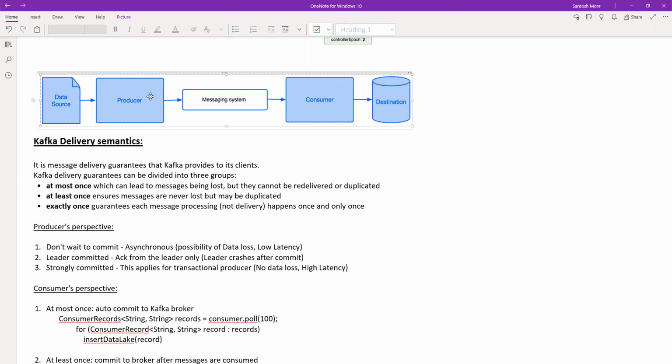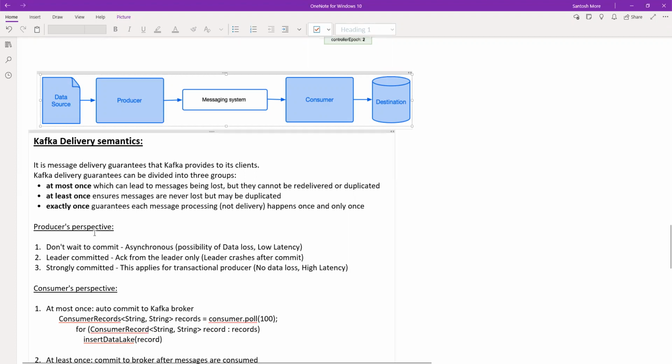Here the speed is important, and therefore in such cases, with the asynchronous way, you will possibly have data loss, but the latency will be low, and you will also have very high throughput. Some systems are good with that, and the asynchronous way works. But the only problem is you will have some data loss in that case.